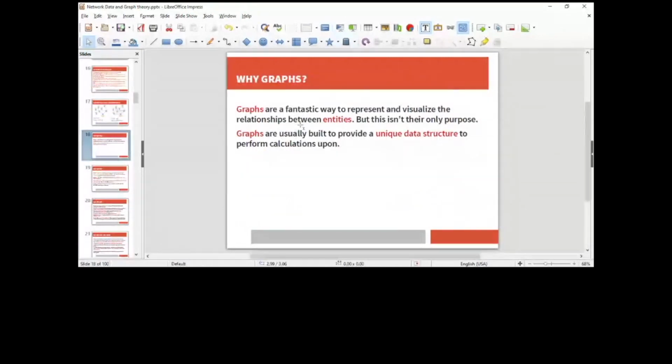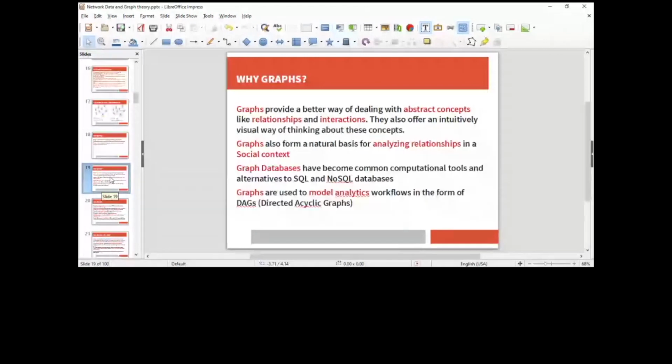So why graphs? Graphs are a fantastic way to represent and visualize the relationship between entities. But this isn't their only purpose. Graphs are usually built to provide a unique data structure to perform calculations upon. As we have seen with the bridges, we have put it in such a way that we can easily start calculating things.